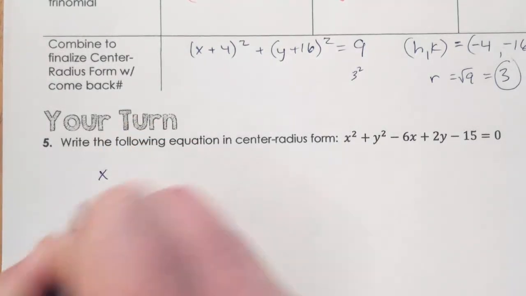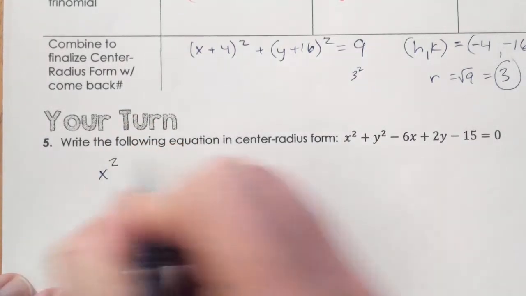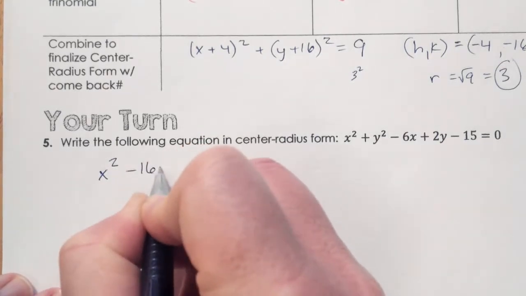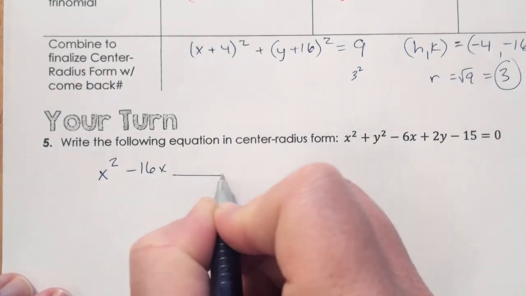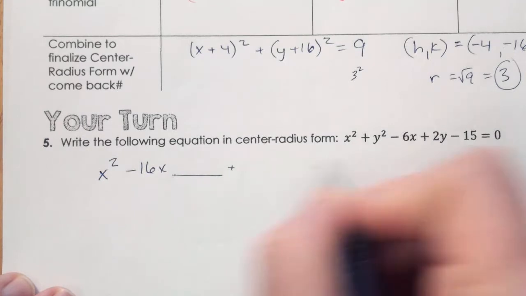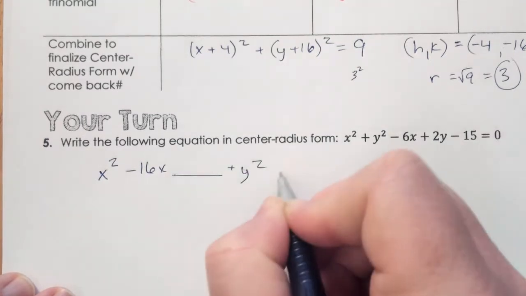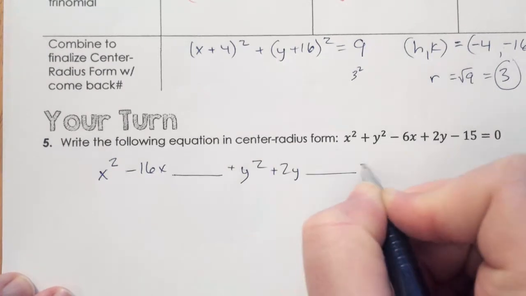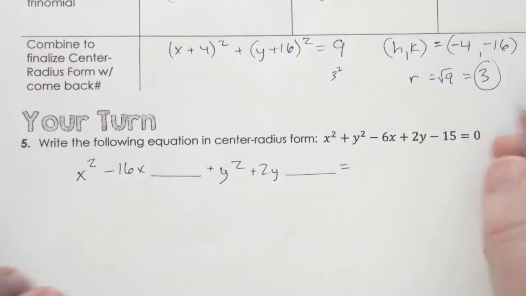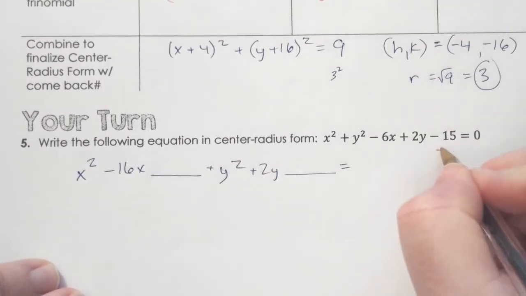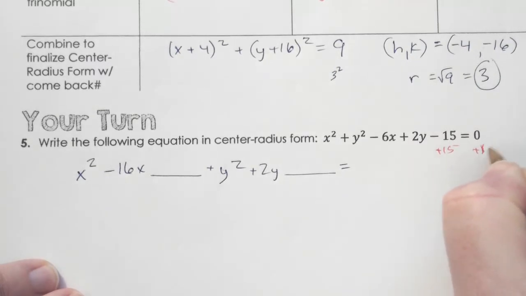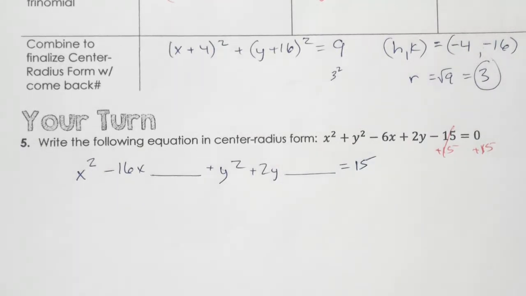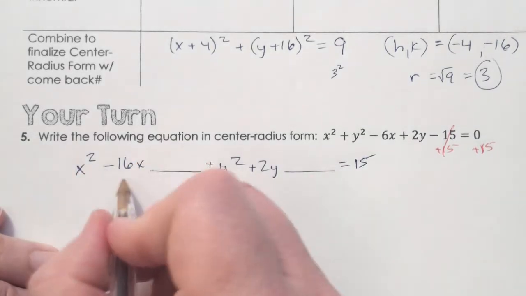So we have x squared, and you have a minus 16x, leave some space, plus y squared plus 2y, leave some space, is equal to, now we're throwing the negative 15 on the other side, so you would add 15 to both sides, so it would be a positive 15 over here. Equals 15.